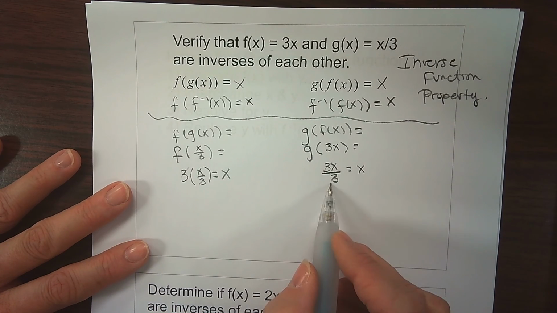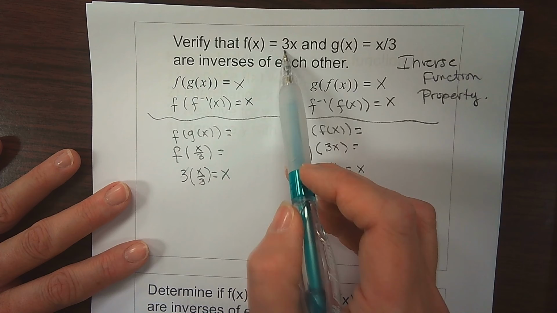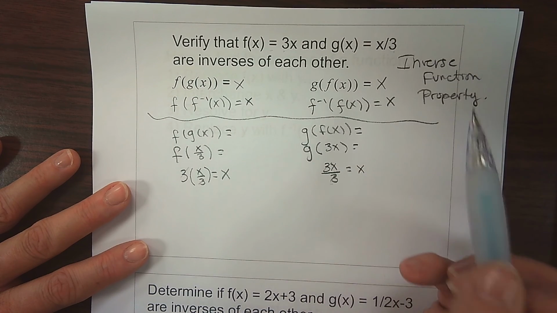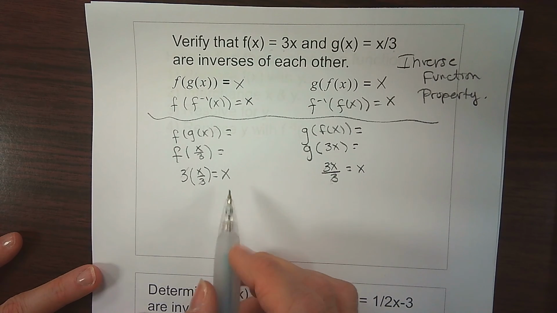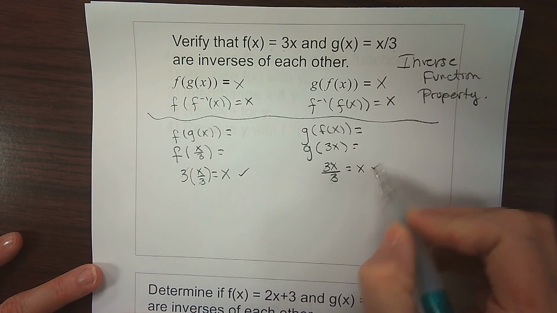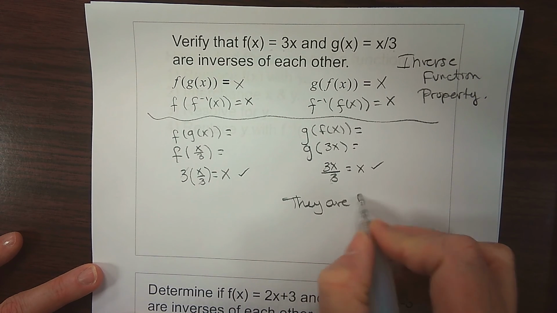Notice that the work looks different here than it does over here. Don't just assume that because I see a multiply by 3 and a divide by 3 that you're necessarily always going to get inverses of one another. It does not always work quite so simply. These are pretty basic ones. But since I do get x here and here, we can say they are inverses.